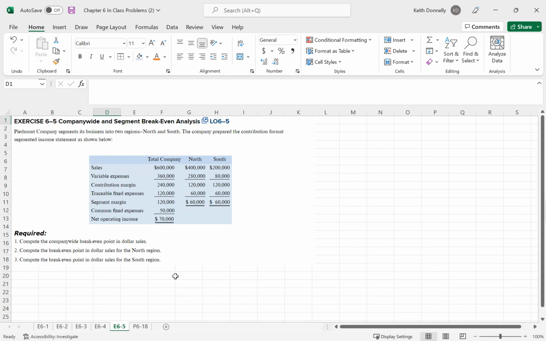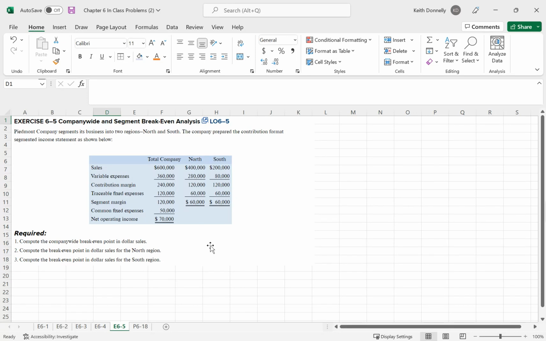All right, let's look here at exercise 6.5. They're giving us some information. We have a company segmented into regions, north and south. They're giving us a contribution formatted segmented income statement.